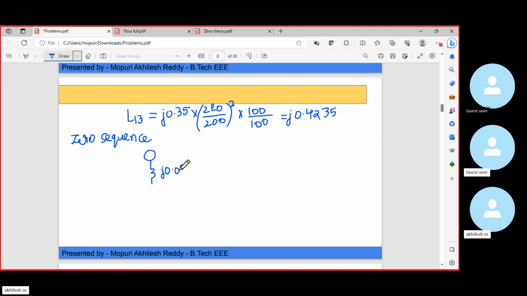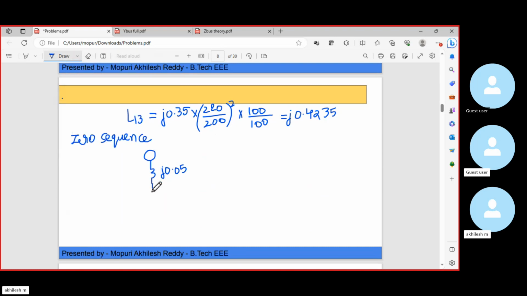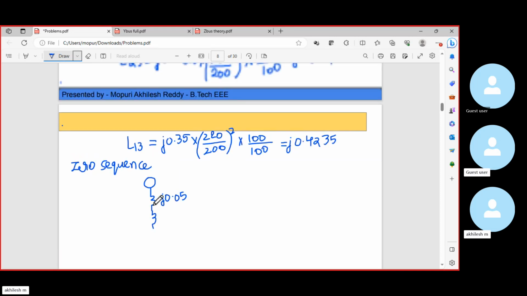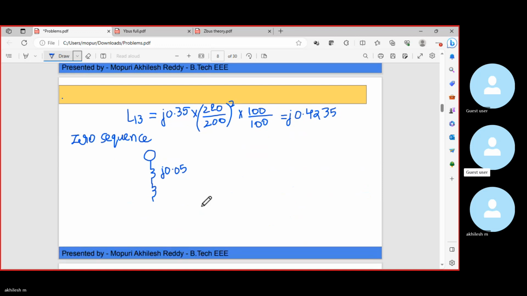And then we have transformer 1. This is the first bus bar. After the transformer, we have a bus bar. What is the value for transformer 1? It is J 0.1.